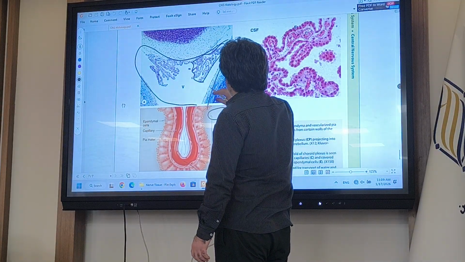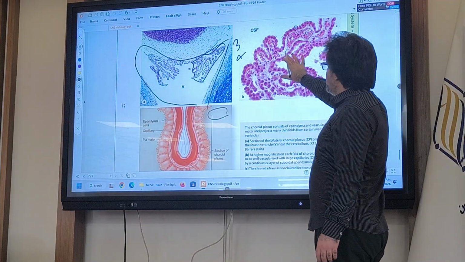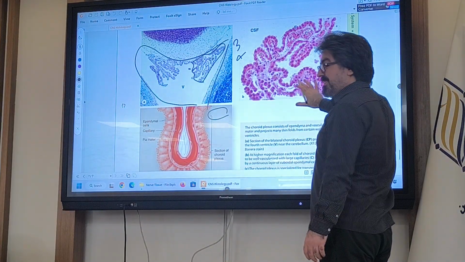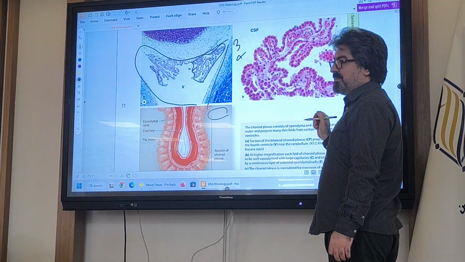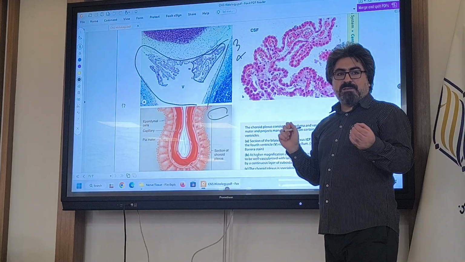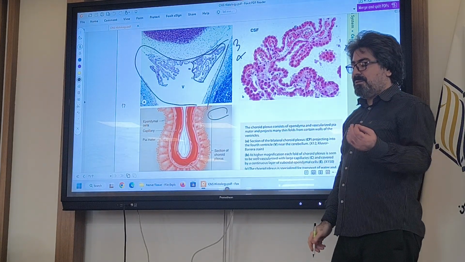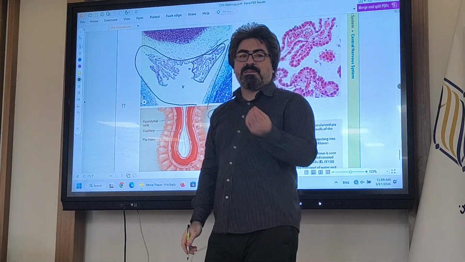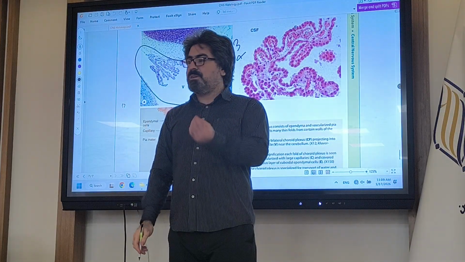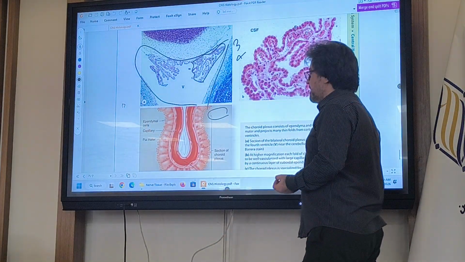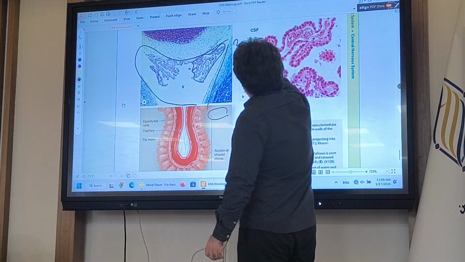Choroid plexus. Now, what is the structure of choroid plexus? You can see the structure of choroid plexus here. Choroid plexus, in fact, is pia mater. Is vascularized pia mater. Choroid plexus is vascularized pia mater. Look at this part, this tissue.